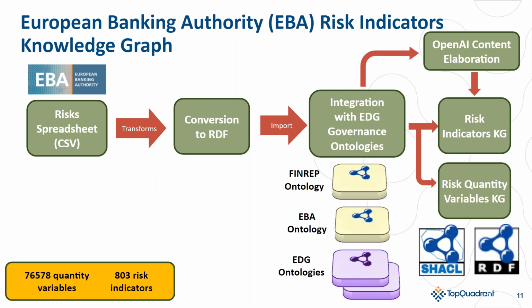What we discovered through this exercise is there were about 76,000 different quantity variables and calculations that we would use, and those would be spread over 803 different risk indicators. So you can start seeing the size and scope of what it means to actually identify risk.